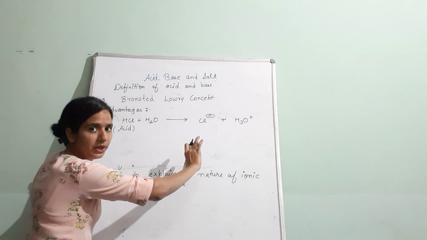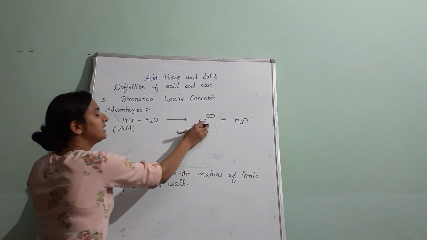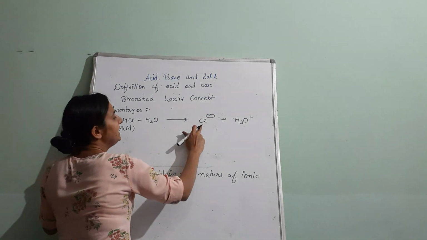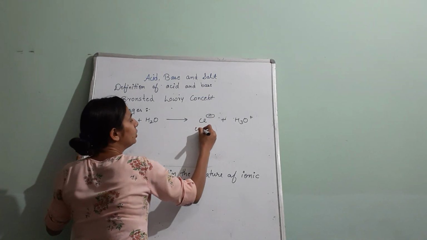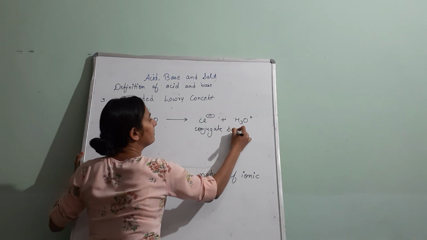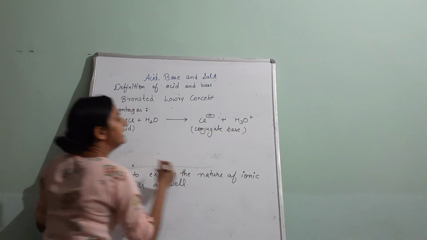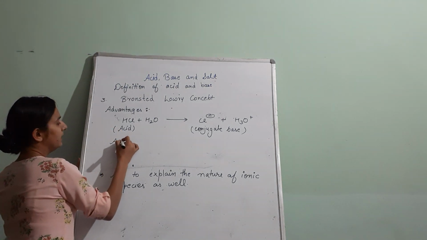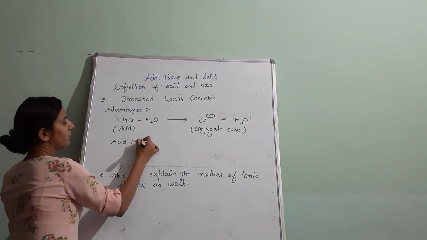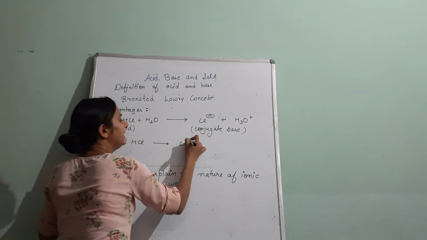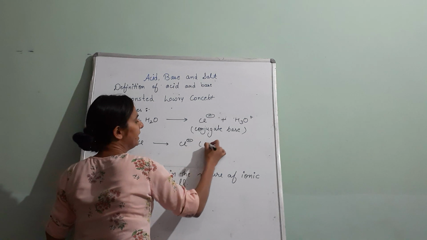H पॉजिटिव को डोनेट किया, जबकि Cl नेगेटिव क्या करना चाहेगा? H पॉजिटिव को एक्सेप्ट करना चाहेगा. सो Cl नेगेटिव इज द conjugate base of HCl. Acid HCl donates H positive, and Cl negative is its conjugate base.